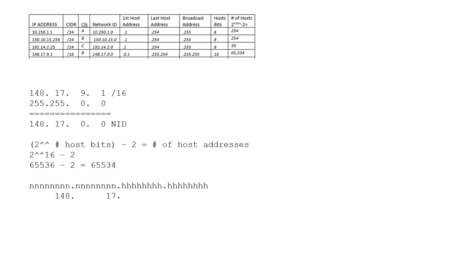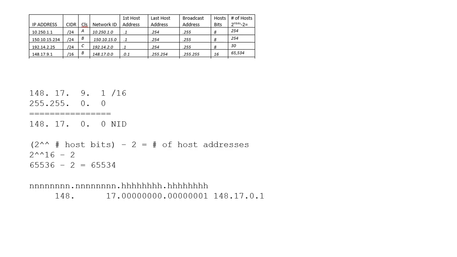Now this is going to be in binary, and your first host address is going to be all zeros except for the least significant bit here on the right, which is going to be a 1. So our first host address is going to be 148.17.0, because we've got all zeros here, .1.